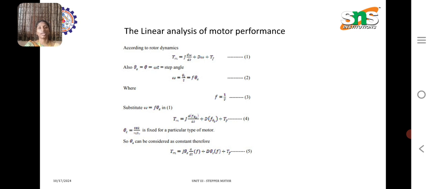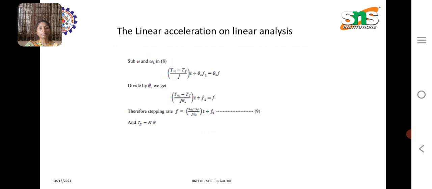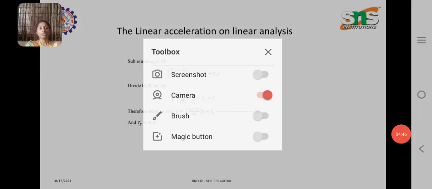In a similar way we are going to analyze the non-linear analysis also. This linear analysis of motor performance will help us know the rate of the motor, at what step it will have what torque. Since it has no continuous rotation, since it is step-by-step operation, we are considering rotor dynamics as the base equation in order to determine the stepping rate.